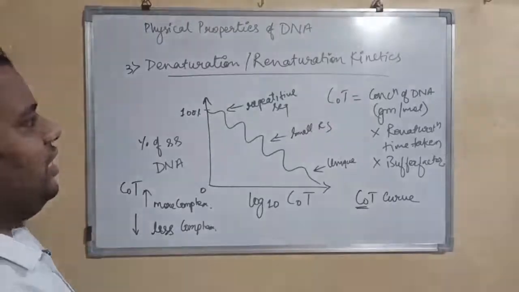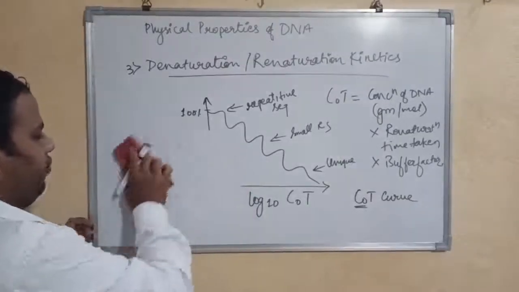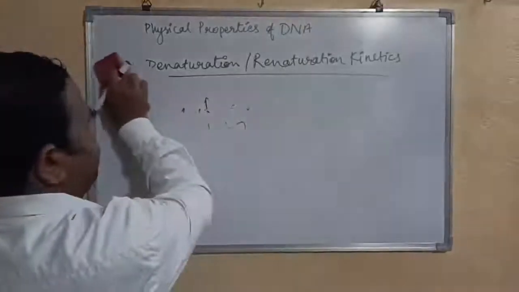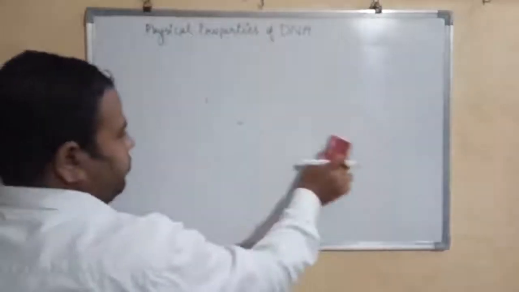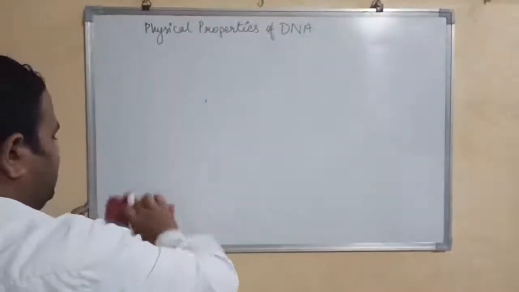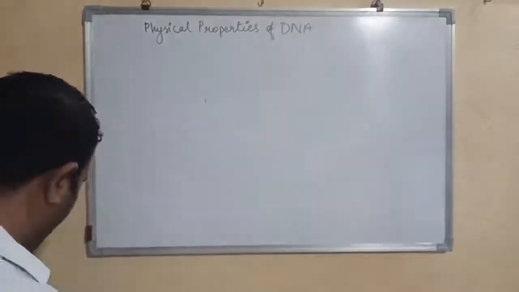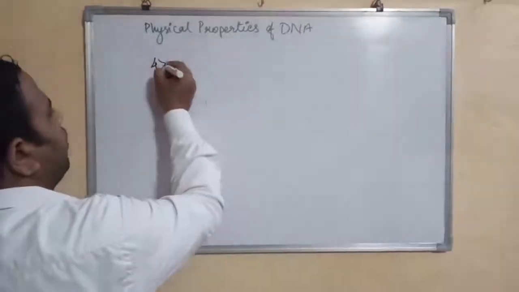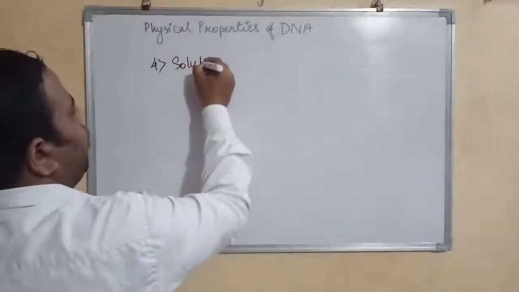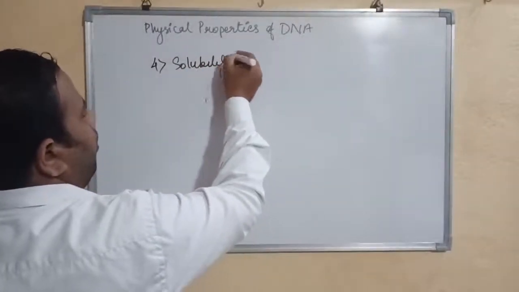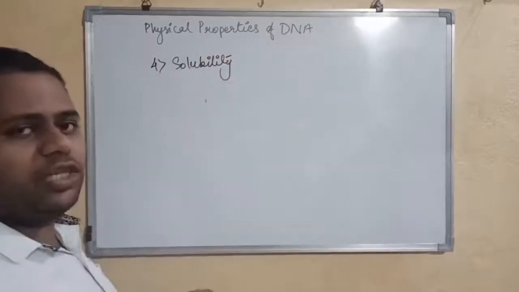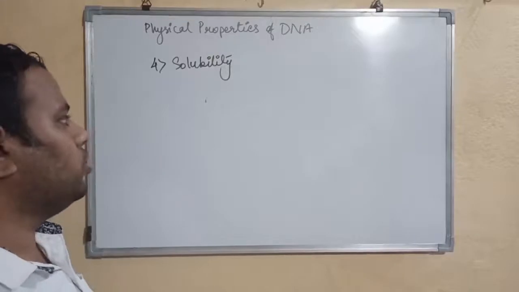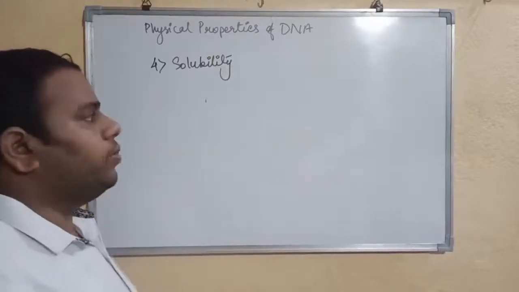Now let's see the next property of DNA, that is solubility. As we know, DNA is soluble in water, since inside the cell there is a presence of water, so naturally DNA is soluble in water.